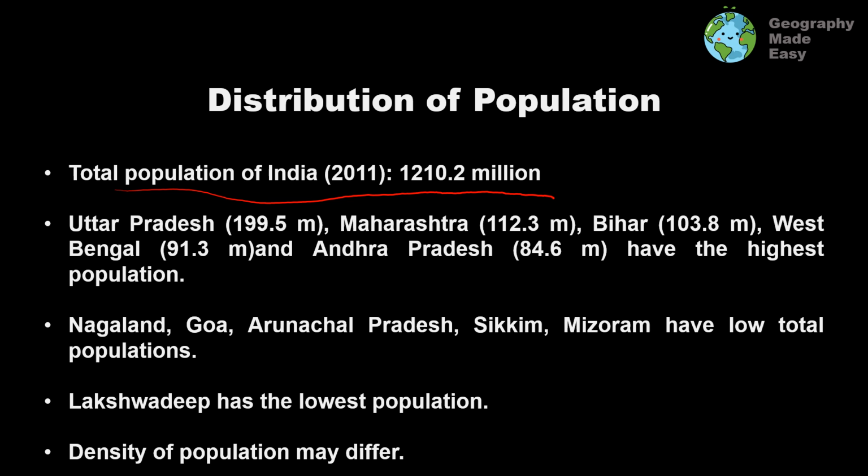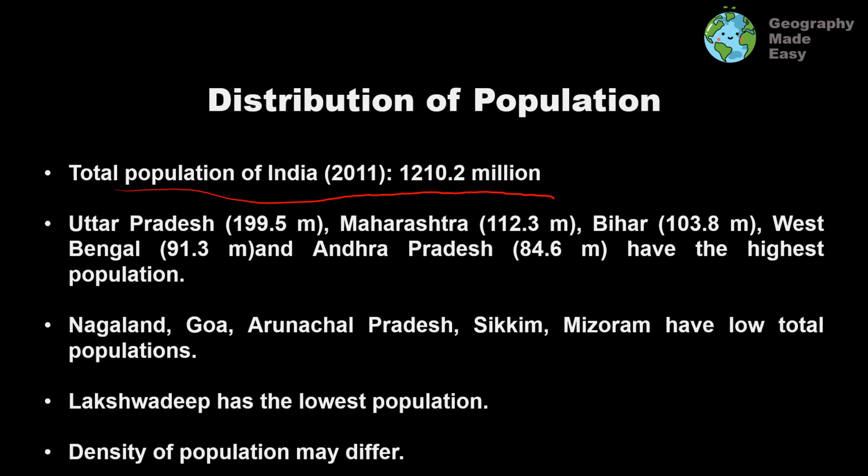Some of the states having the highest density of population are Uttar Pradesh, Maharashtra, Bihar, West Bengal, and Andhra Pradesh. On the other hand, Nagaland, Goa, Arunachal Pradesh, Sikkim, and Mizoram have low populations.